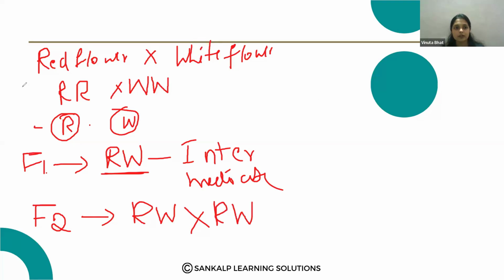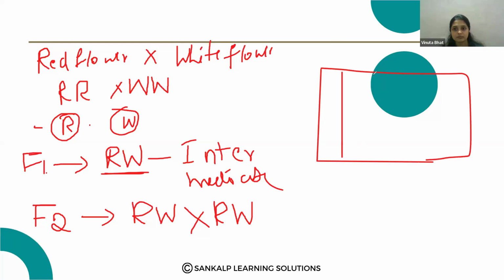So now I will draw the checkerboard. Here the gametes produced are capital R, capital W. Here also capital R, capital W. Okay, so just one box is extra, it's okay.